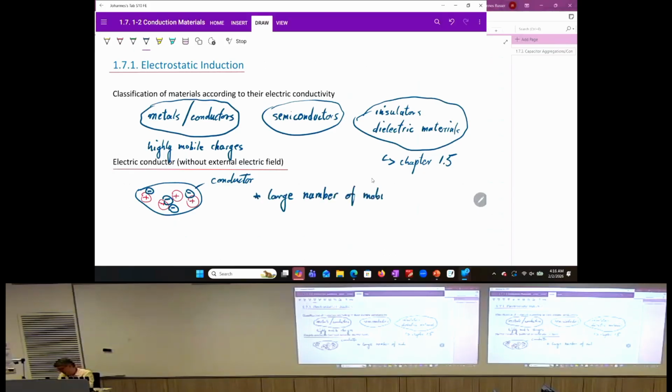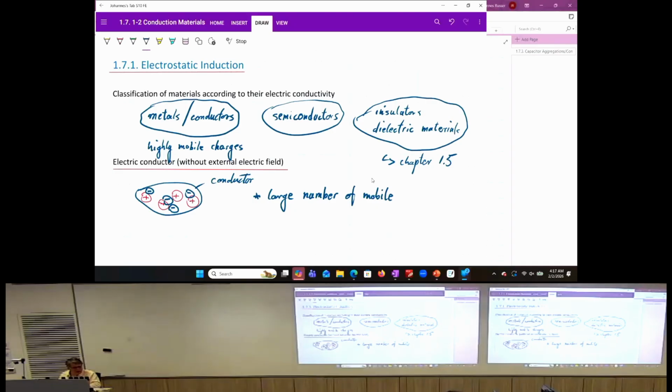That is important for it to be a conductor. We know the dielectric material also consists of atoms that have a positively charged nucleus and negatively charged electrons, but they are not mobile. They are bound to the nucleus, and bound in the structure that constitutes this material, but they're not free to move.